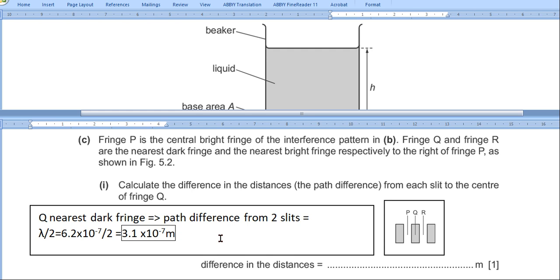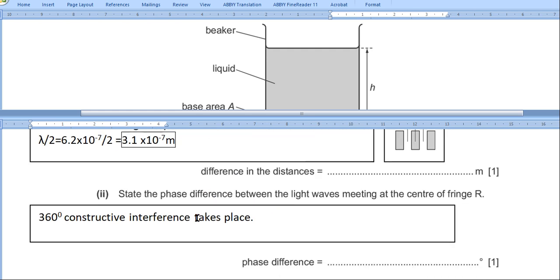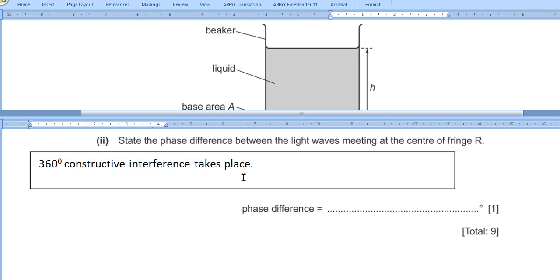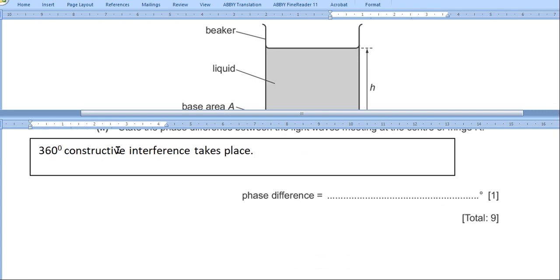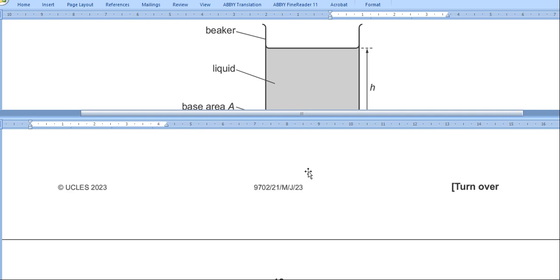So we divide the wavelength by 2 and we get the answer. State the phase difference between the light waves meeting at the center of fringe R. Fringe R is bright, so the phase difference is either 0 or 360 degrees to have constructive interference.